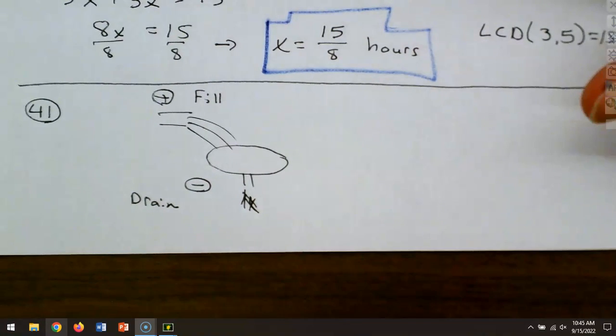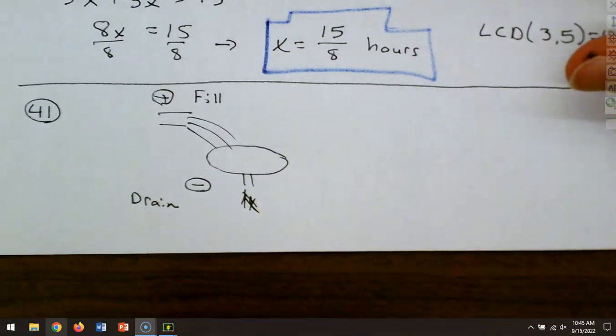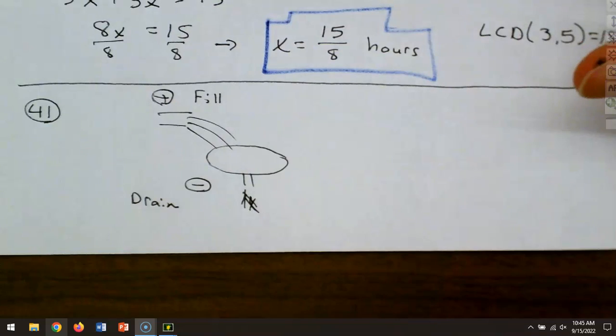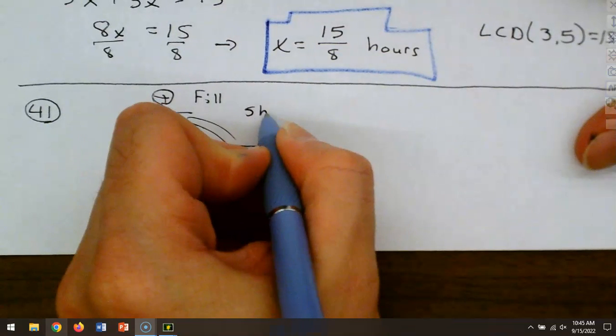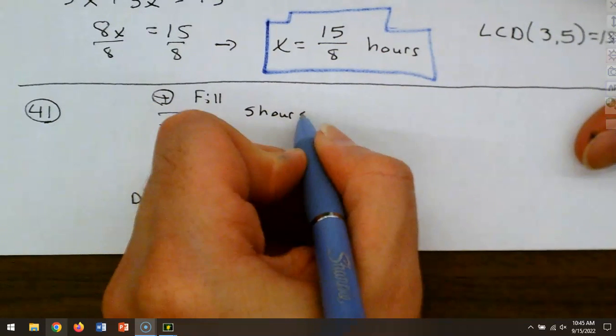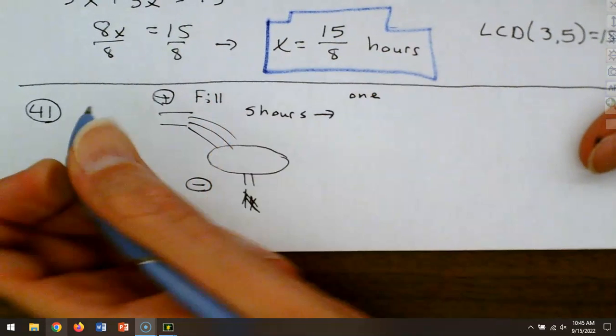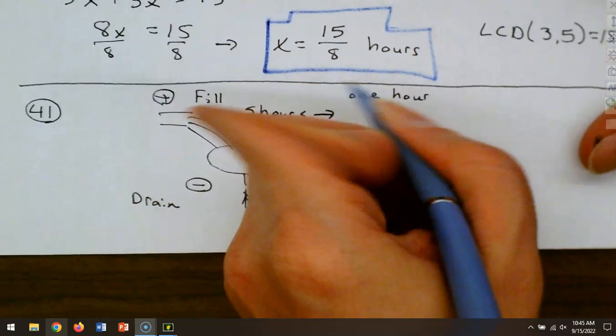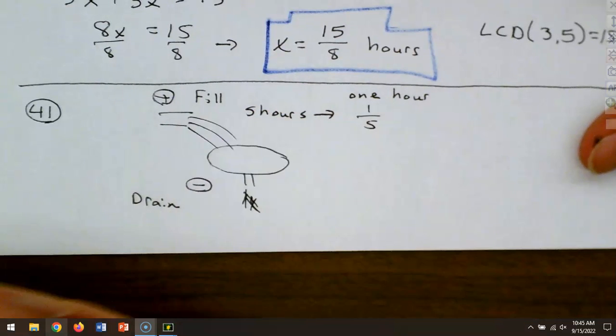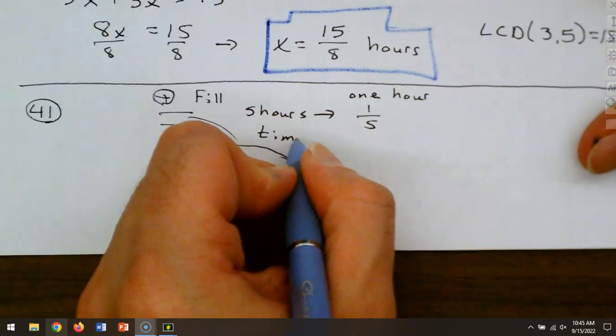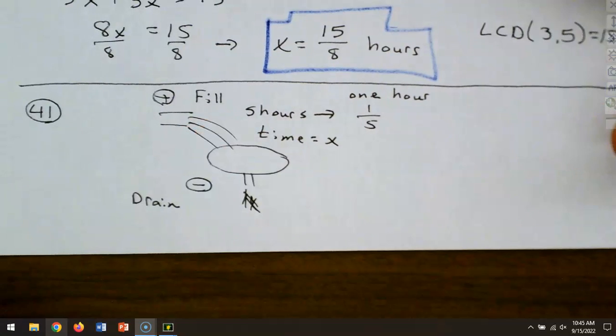So what do we know about filling the pool? Okay. It says it takes him 5 hours to fill the pool. So how much is done in 1 hour? How much of this is filled? 1/5. We don't know the time again, so we use an X. What about when we drain?